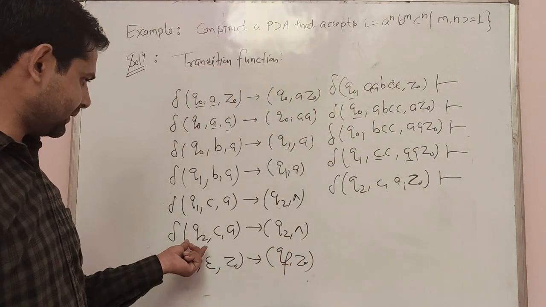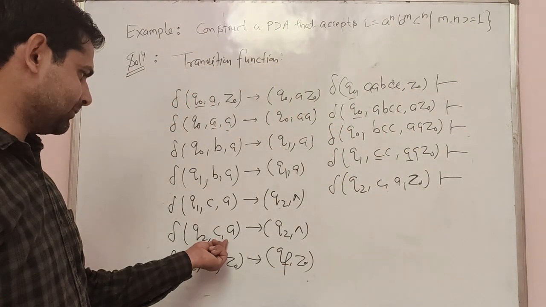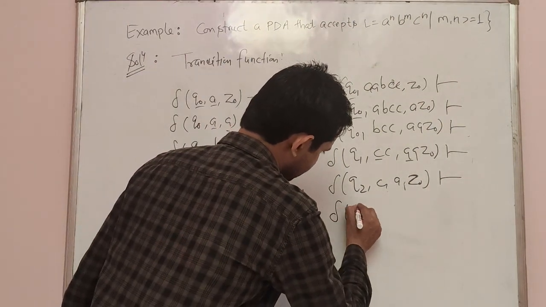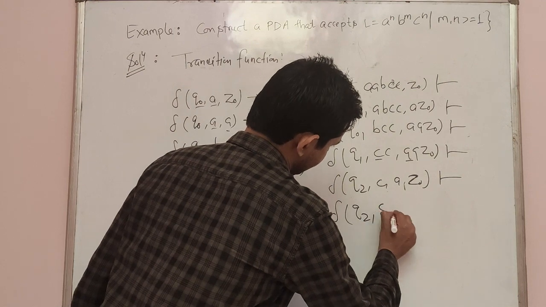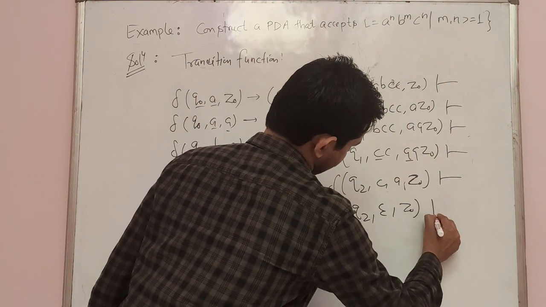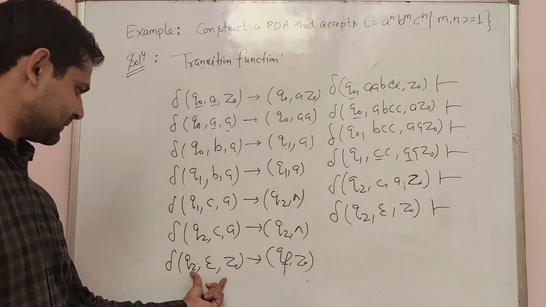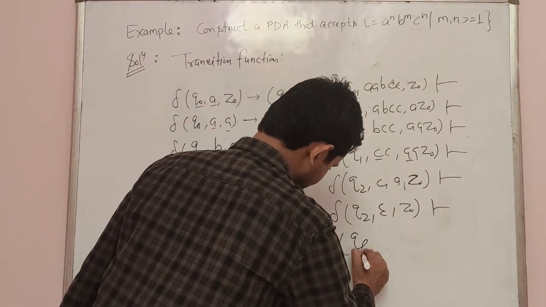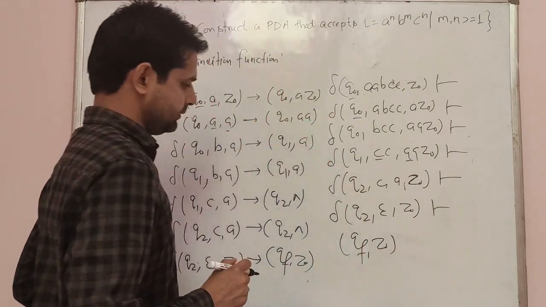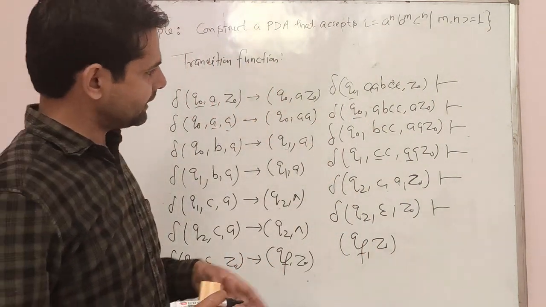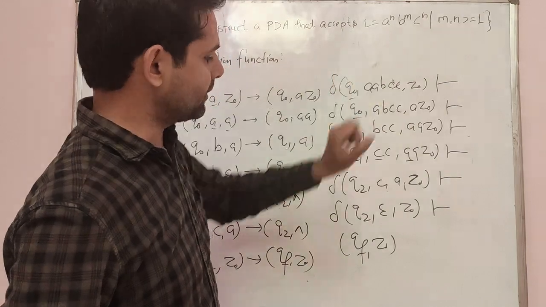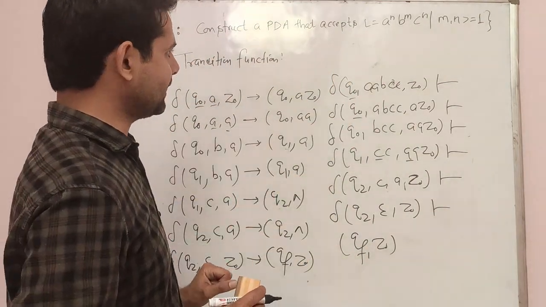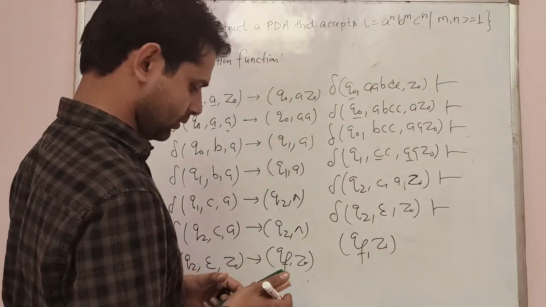Again at Q2 we have C as the input symbol and the stack top is A, so we pop A from the stack. Then the input is null and the stack top is Z0, so we move to the final state Qf, Z0, right? So after scanning the complete string double A, B, then double C, we reach the final state. That means the string is accepted by the pushdown automata.